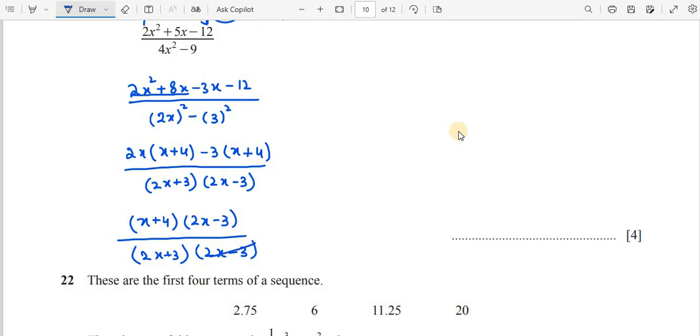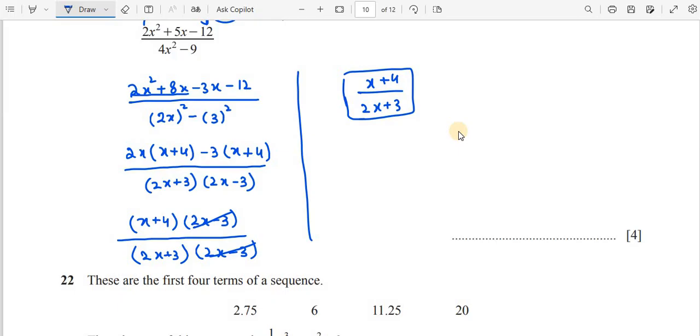So 2x minus 3 cancels with each other, remaining is x plus 4 over 2x plus 3. This is the final answer. So x plus 4 over 2x plus 3.